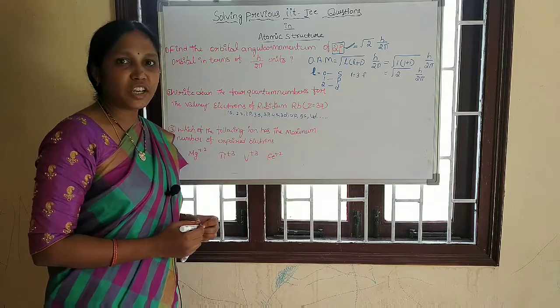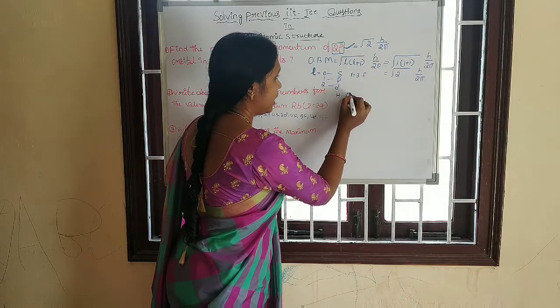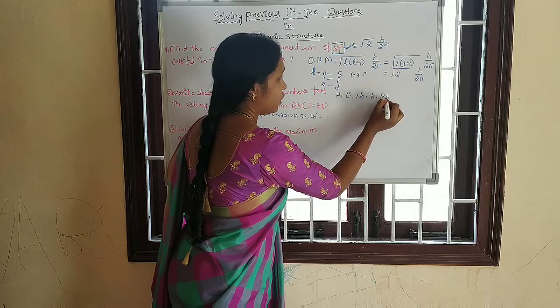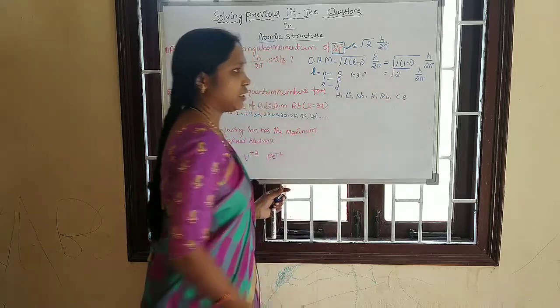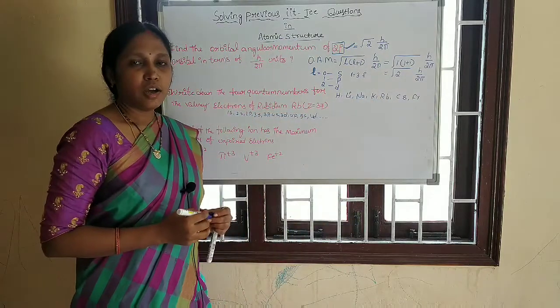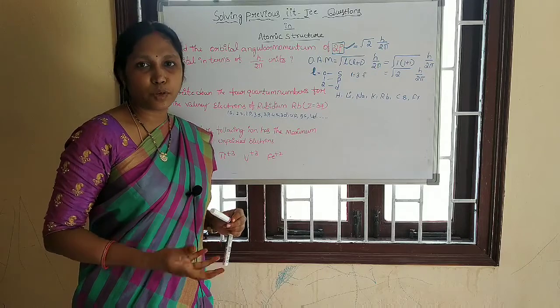Rubidium is a first A group element. What are the first A group elements? Hydrogen, lithium, sodium, potassium, rubidium, cesium and francium. Always learn the elements and remember them on the basis of groups.